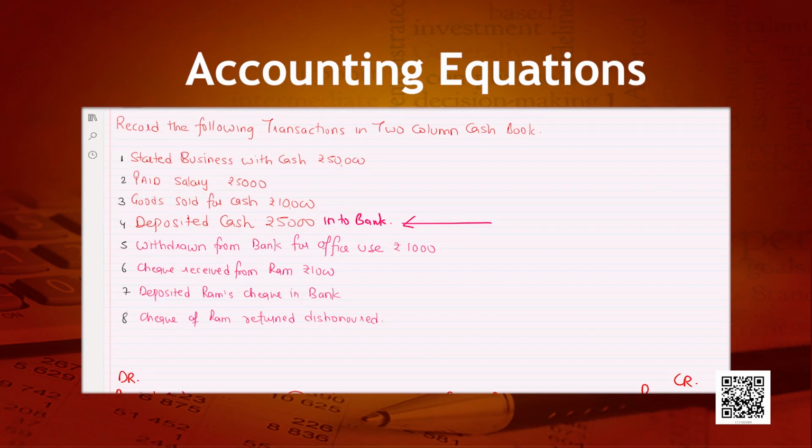I wrote on the 6th, check received from Ram rupees 1,000. Then immediately on the 7th, I am depositing that check into bank. So, what we need to understand in this 6th entry is that we receive the check on the 6th and deposit it into bank on the 7th.